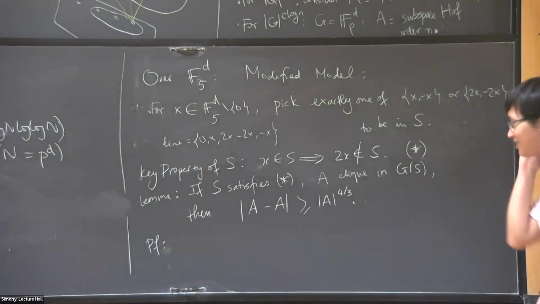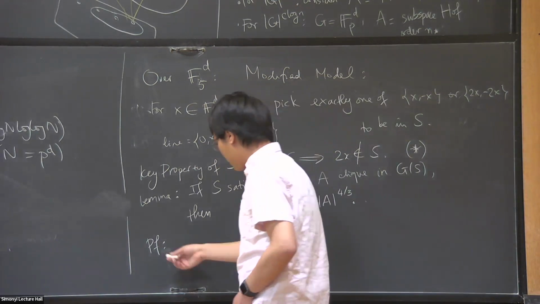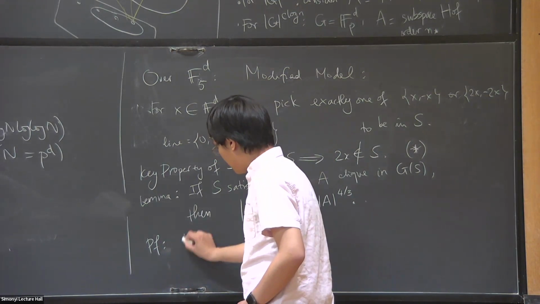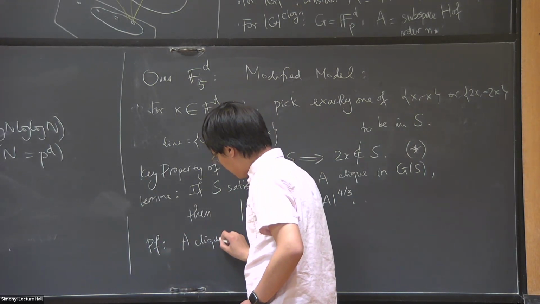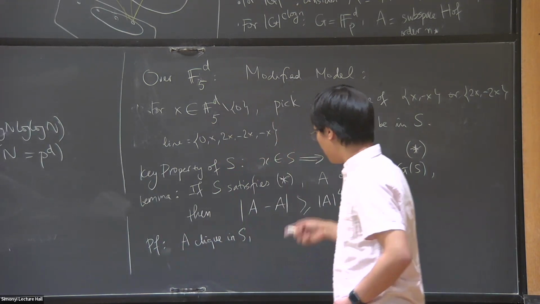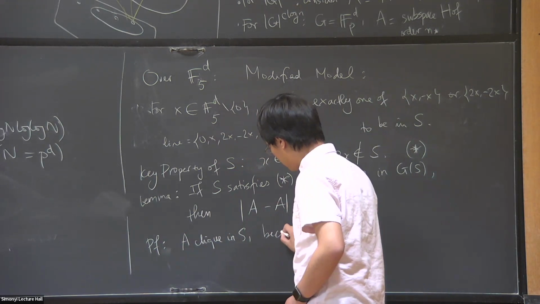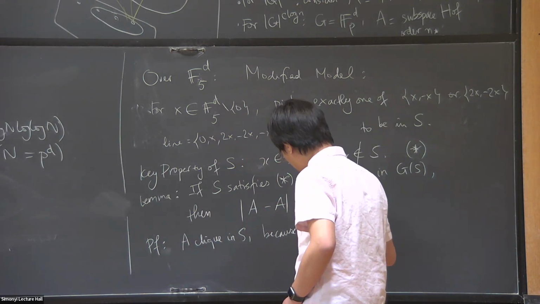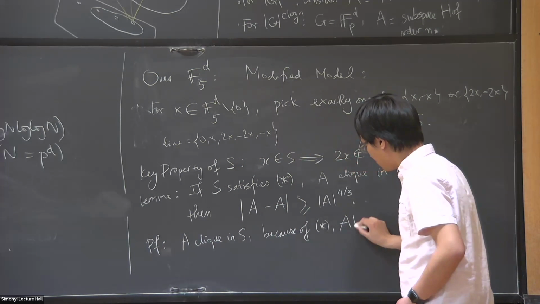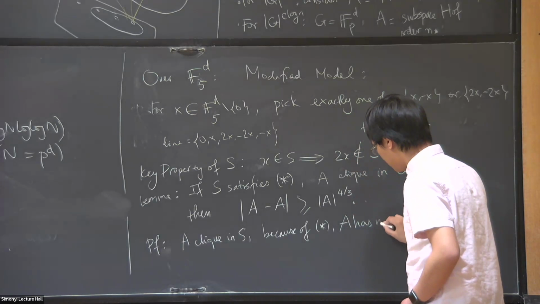It's quite a cute argument. What we observe is as follows. If A is a clique in S, because of this property star, A has no solution to a certain linear equation.